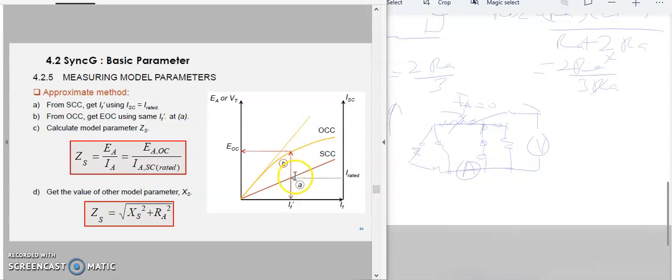So this is the value that you will get to represent the parameters of your synchronous machine, the synchronous generator. This is the synchronous impedance of the system, ZS, and from ZS you are able to get the reactance here, and also the resistance of the coil.